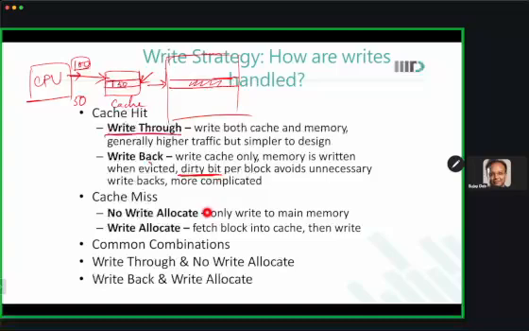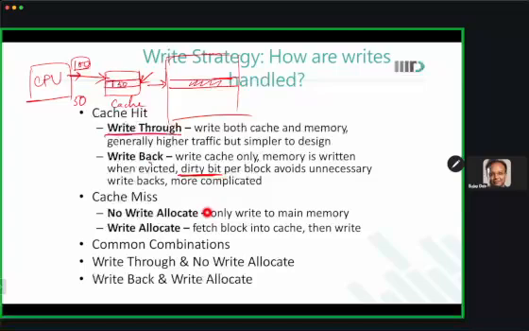So you anyway need to bring the data to your cache subsequently. That's why this write allocate strategy might be more appropriate to exploit spatial and temporal locality.